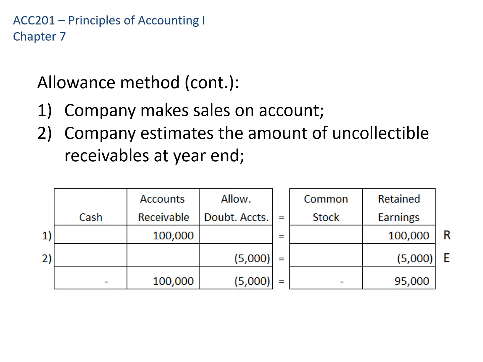Notice we're not writing anything off at that time. We're making an estimate of future write-offs, but we're doing it in the period in which we've made the sale. So in that case, allowance for doubtful accounts, you see, has a negative balance there. So in this case, my net realizable value is $95,000. That's what I think I'm really going to get.